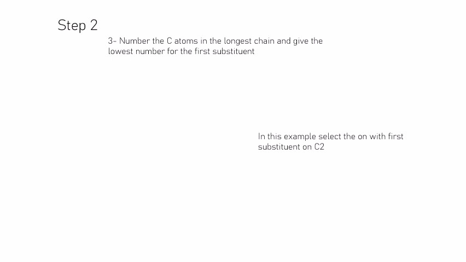So how are you going to number the carbon atoms? Select the lowest number for the first substituent. Say, for example, a compound with 1, 2, 3, 4, 5, 6, 7, 8 carbon atoms, and I have a substituent on the second carbon, and on the fifth carbon I will put an ethyl substituent, and on the sixth carbon I'm going to put a methyl substituent.